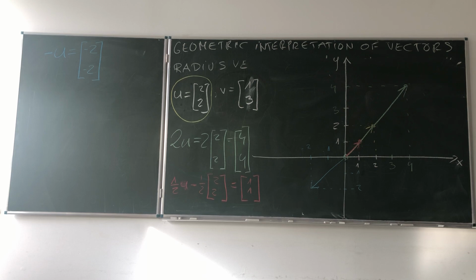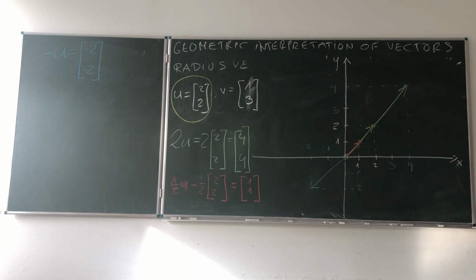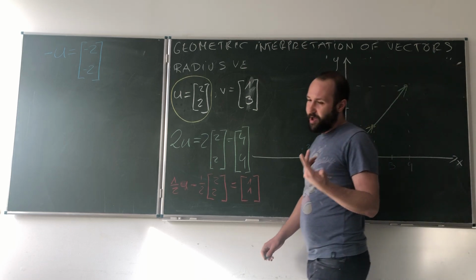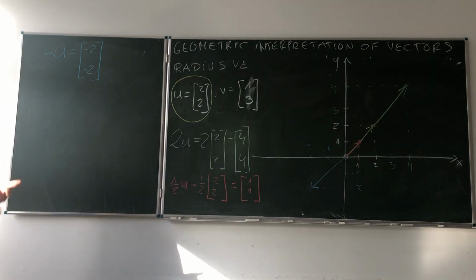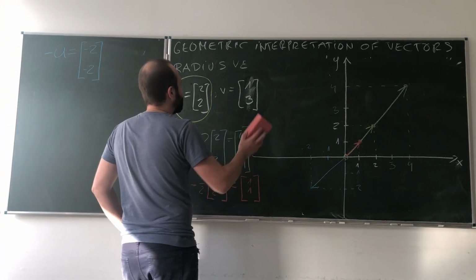So the arrowhead is pointing down, pointing to the southwest, right? Okay, and this is also a very important property because it will allow us to create a procedure for subtraction of vectors.